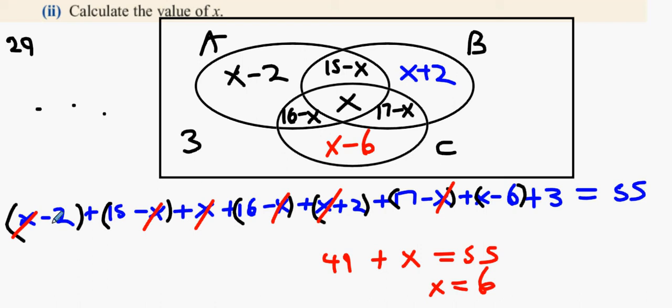Okay, I'm just going to cancel the 2's because they're annoying me. 15 plus 16, 31. 31 plus 17? 48. 48 minus 6? 42. Plus 3 is 45. Okay, is that what you said? Great. So 45 plus x is 55. X equals 10. How many people got 10?